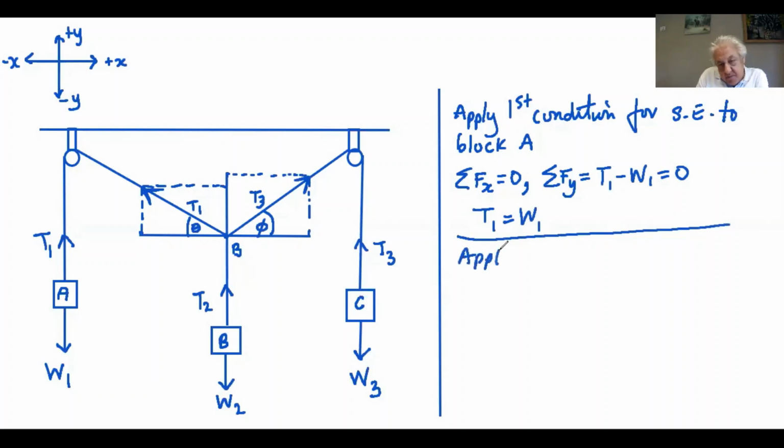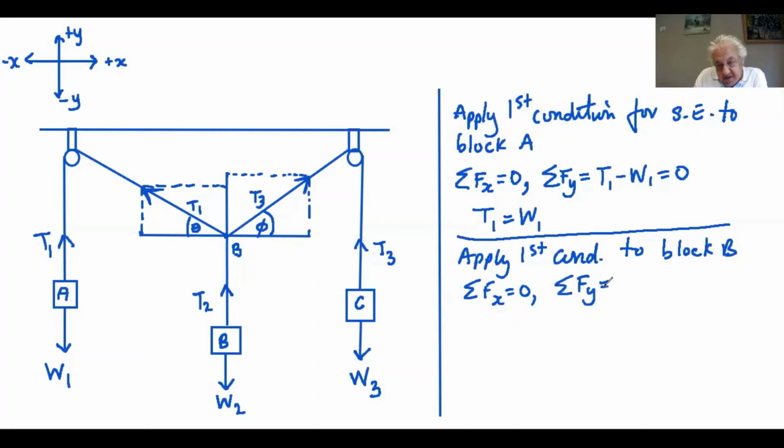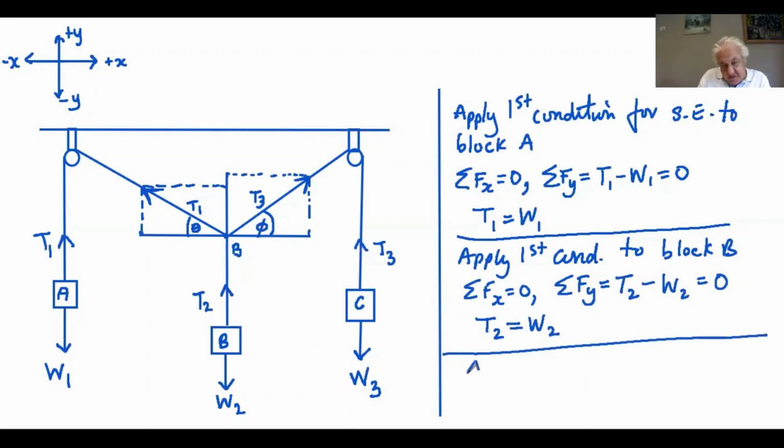Apply first condition to block B. Similarly, there are no x forces, so that's just 0. The sum of the y forces, positive direction, negative direction, equals 0, from which we get T2 equals W2. And you can see the next step is to apply to block 3.